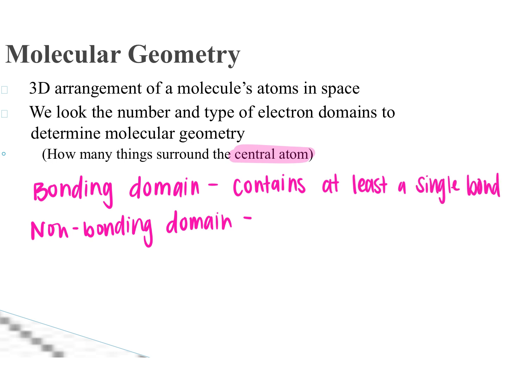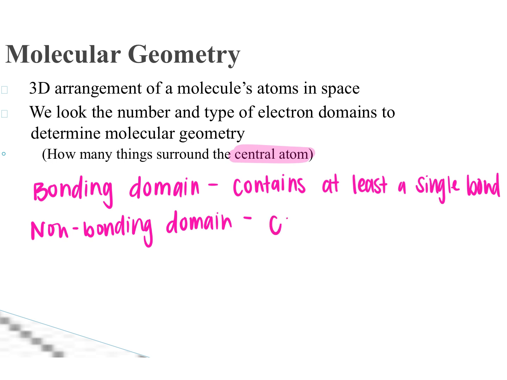But a bonding domain could contain a double bond or a triple bond as well, and it would still only count as a single domain. So we'll look at these in real life in just a second, but it contains at least a single bond.